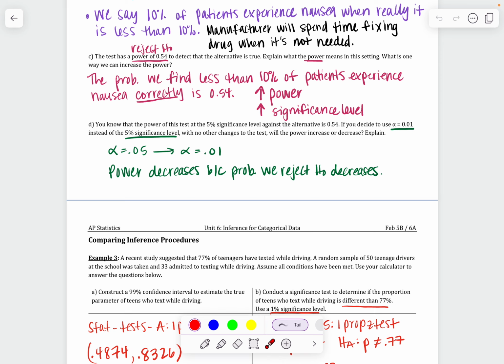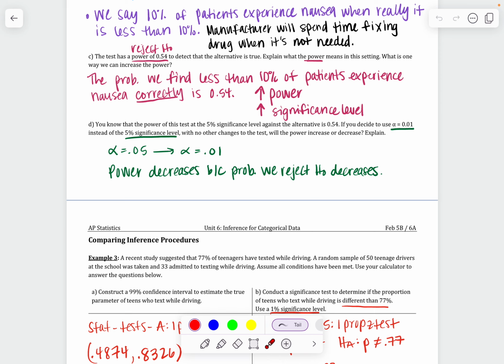You technically can also say increasing type 1 error, because all of those things increase our chance of rejecting the null overall. Now for part D, you know that the power of this test is 0.54, from part C. If you decide to use 0.01 instead of 5% with no other changes to the test, will the power increase or decrease?